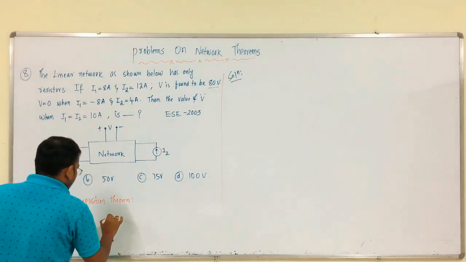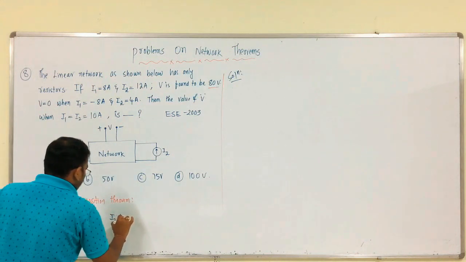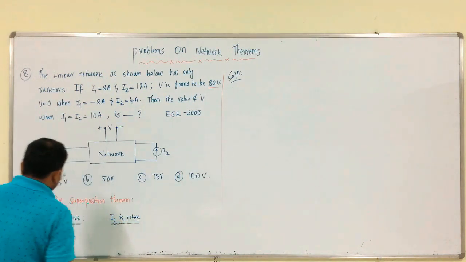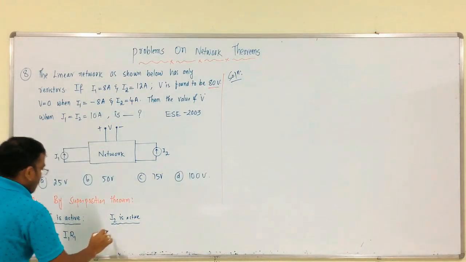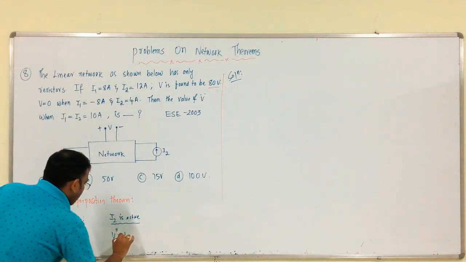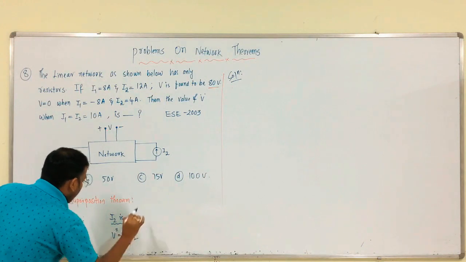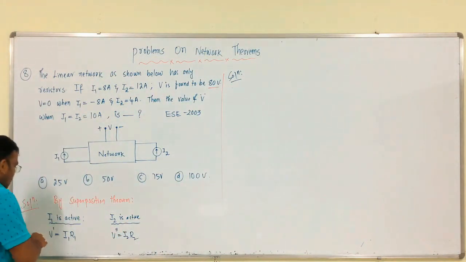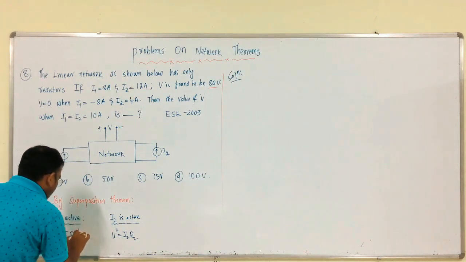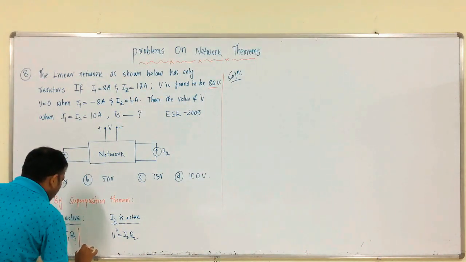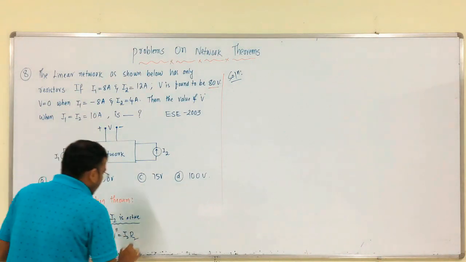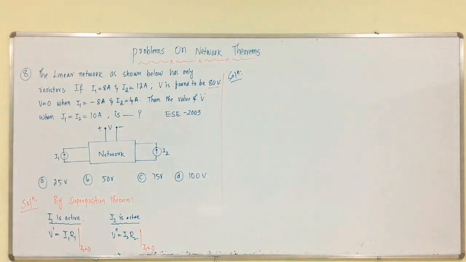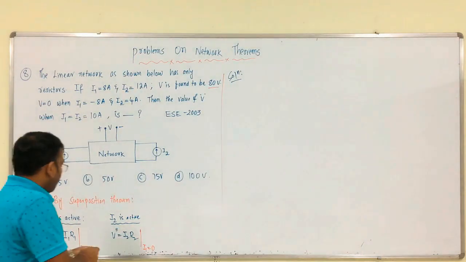Like that, when I2 is active, V double dash should be equal to I2 R2. When I1 is active, I2 is equal to 0, and when I2 is active, I1 is equal to 0. That is nothing but the superposition principle.